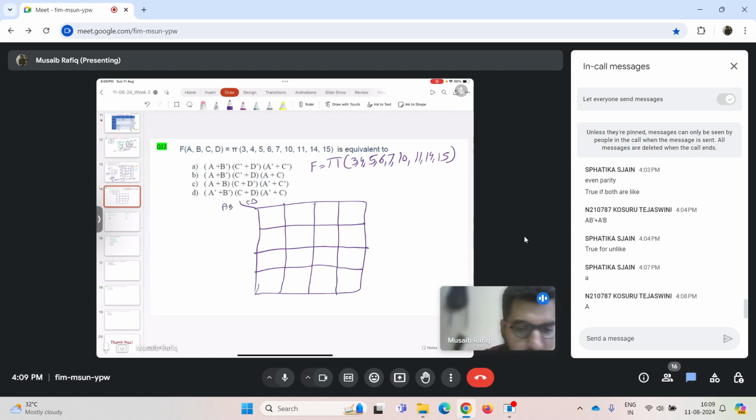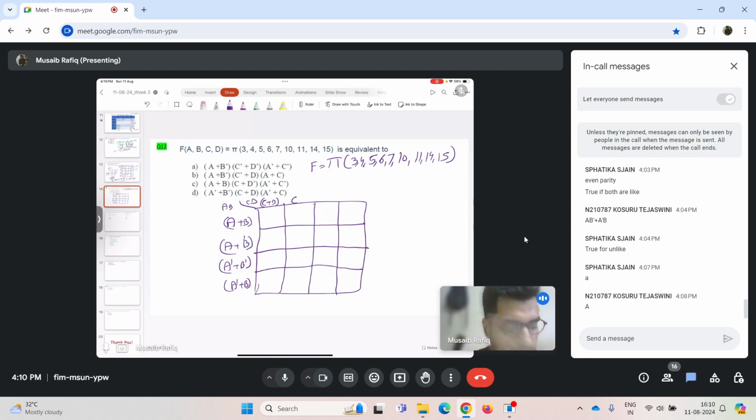Since we are dealing with the product of max terms, some things will slightly change. This will be A plus B, this will be A plus B bar, this will be A bar plus B bar, and this will be A bar plus B, basically the dual of POS.